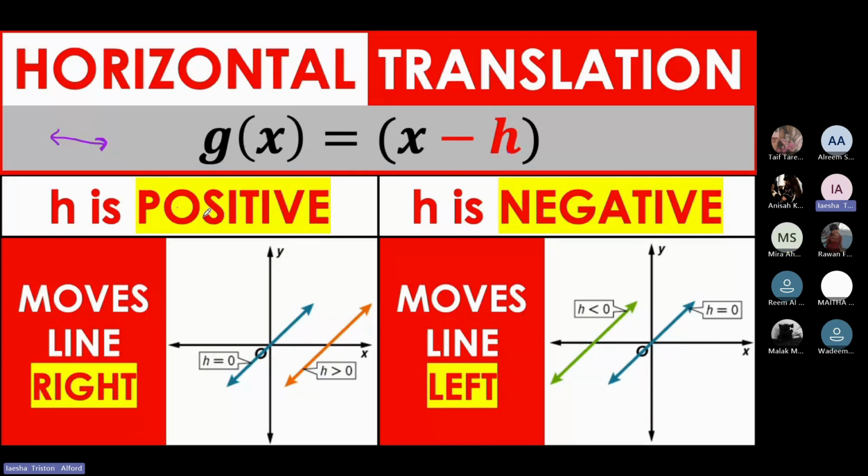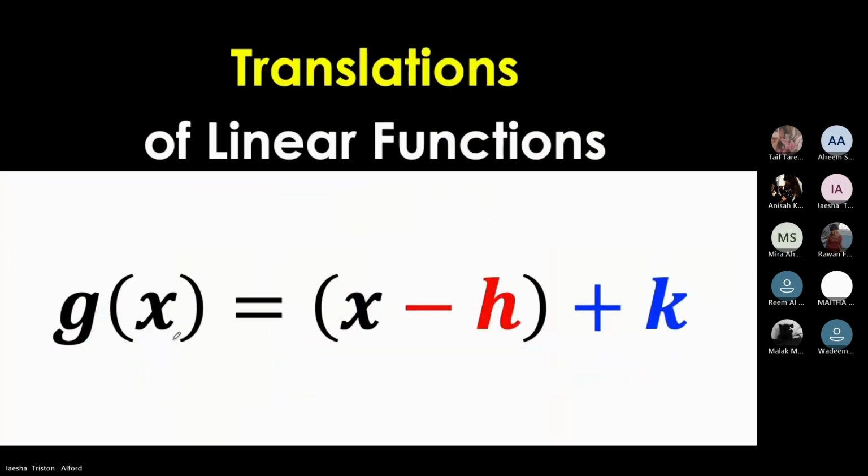If it's positive, we go right. If it's negative, we go left. Same movements we've already been doing. Now, this is the formula. You have to know it for yourself because the Ministry is not going to tell you this one.